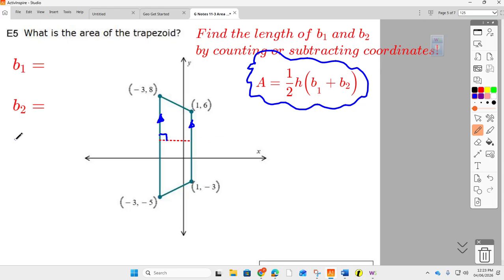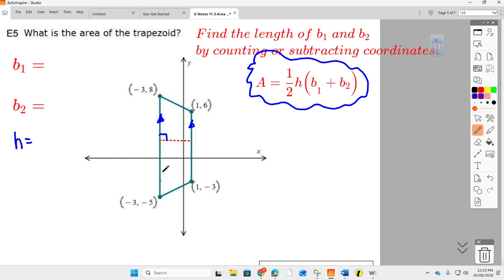So we need the length of the bases and the length of the height, and we can do it exactly the same way we did for the kite in the last frame. We're going to call the one on the left base 1. How long is base 1? 13.